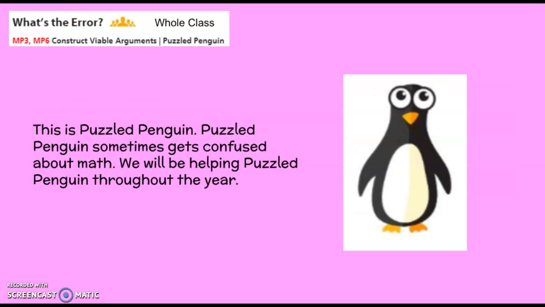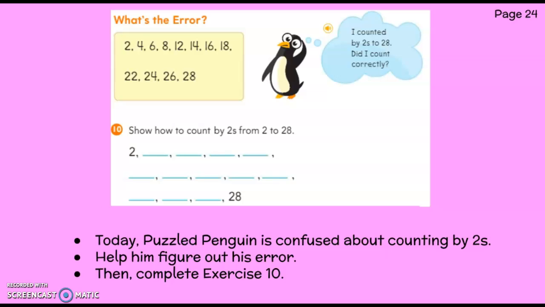This is Puzzled Penguin. Puzzled Penguin sometimes gets confused about math. We will be helping Puzzled Penguin throughout the year. He's so silly with math sometimes. So what's the error? What's Puzzled Penguin confused about now? He says, I counted by 2s to 28. Did I count correctly? 2, 4, 6, 8, 12, 14, 16, 18, 22, 20.